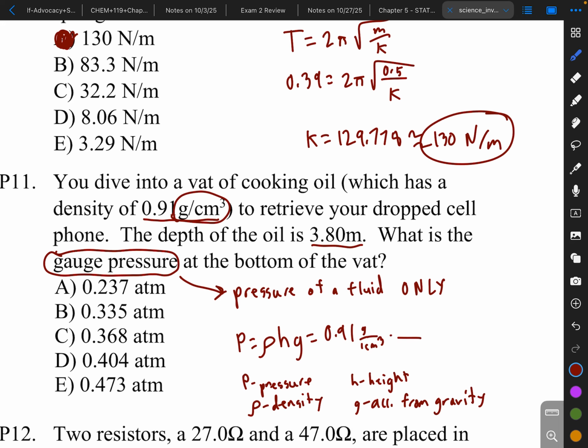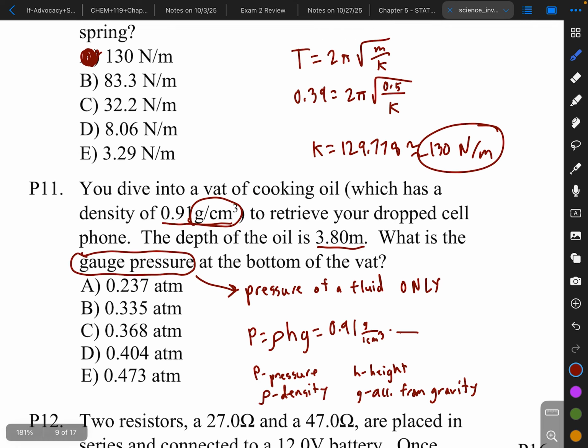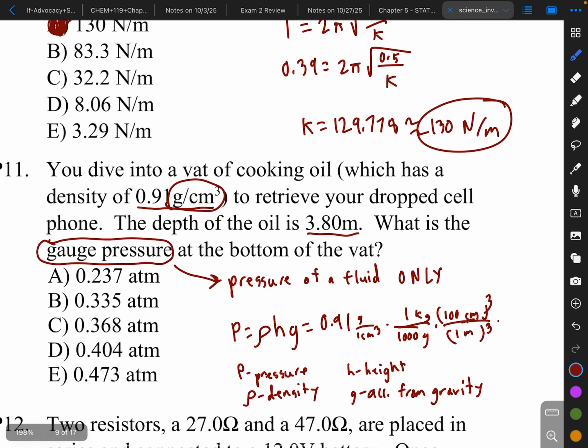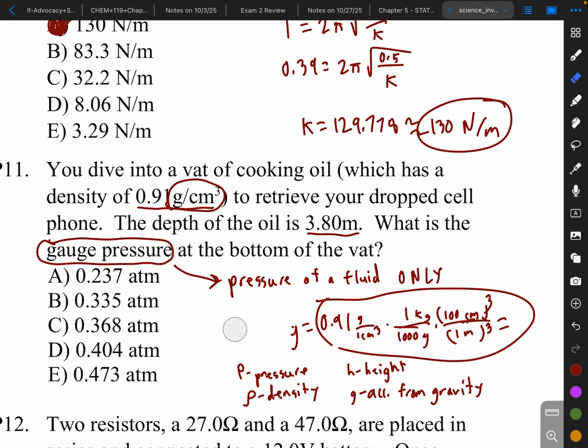How do we convert grams to kilograms? For every 1,000 grams, we get 1 kilogram. How do we convert centimeters to meters? For every 100 centimeters, we get 1 meter. And because it's centimeters cubed, we're going to do that 3 times. By the way, this is only to find rho.